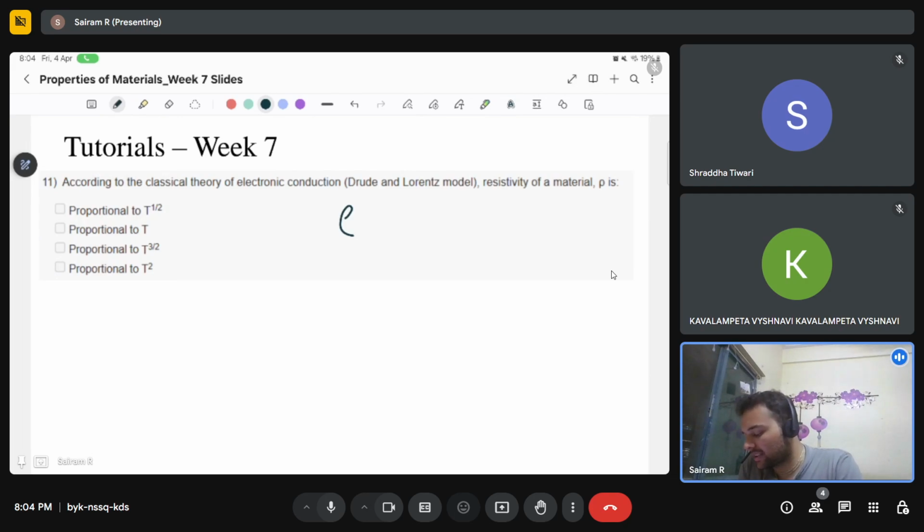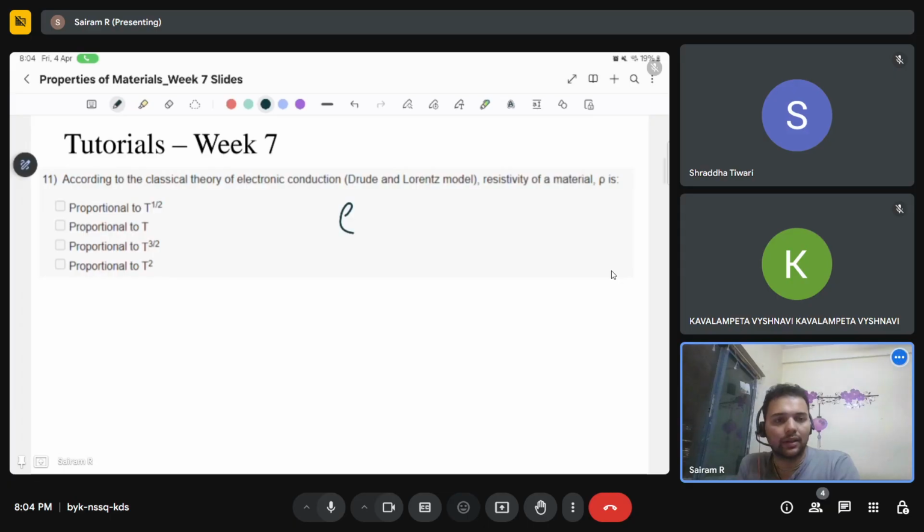The options are proportional to T power half, proportional to T, proportional to T power 3 by 2, proportional to T square. I'll pause for a few seconds. Someone can unmute yourselves and try to explain this. You can answer this question.